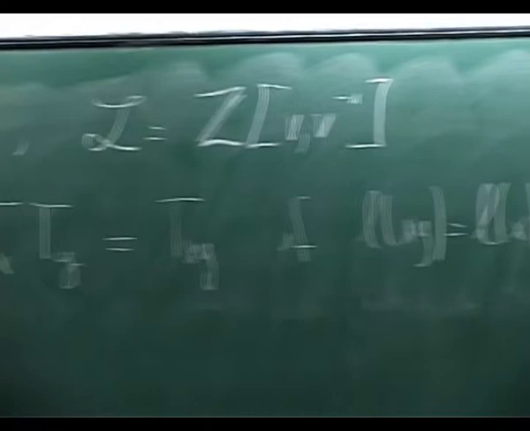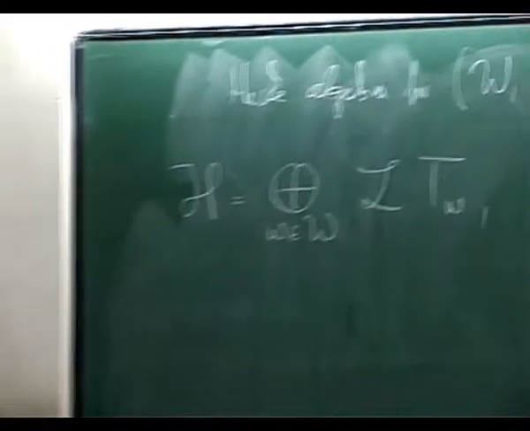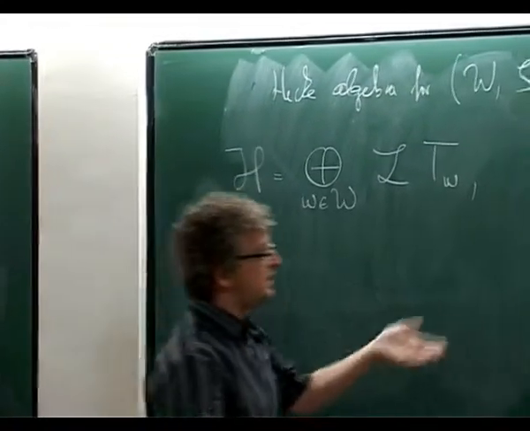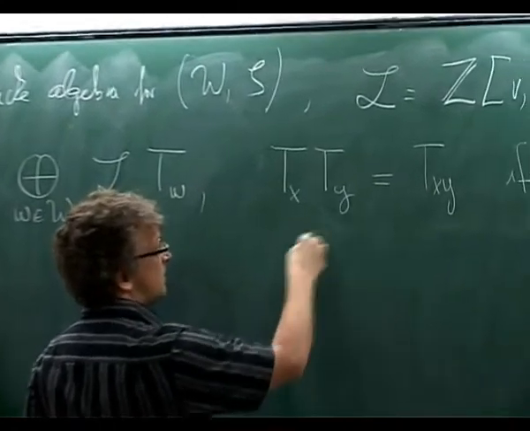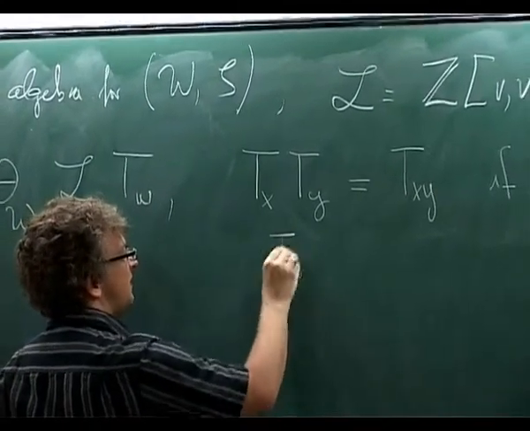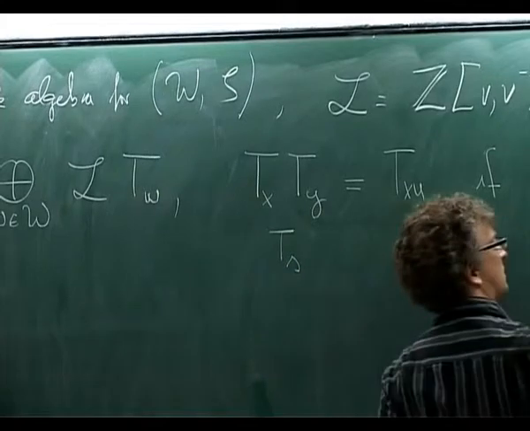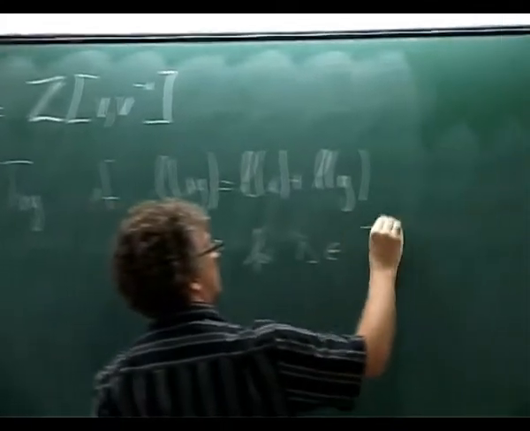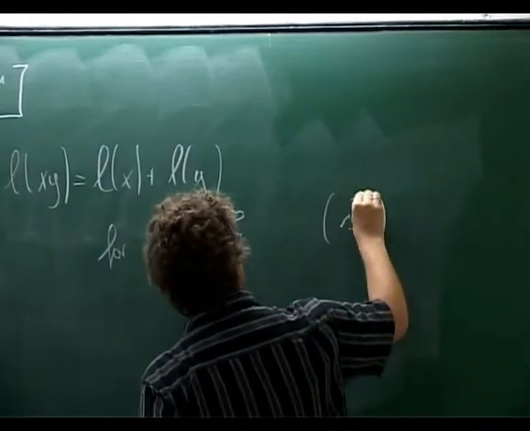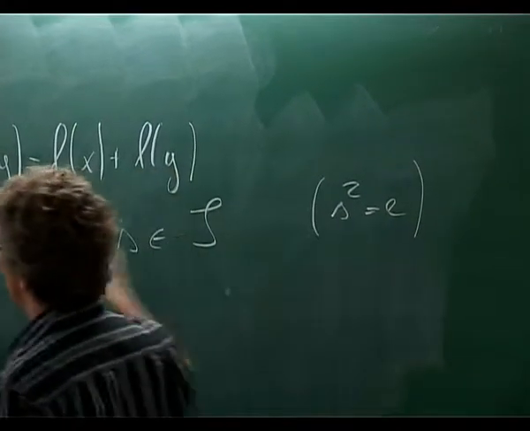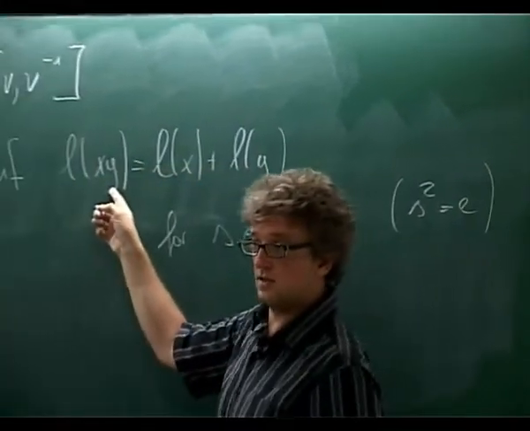So this is trivial, I mean, an easy to state relation. But if you take a simple reflection, then you have s squared equals the identity. So this is not satisfied.